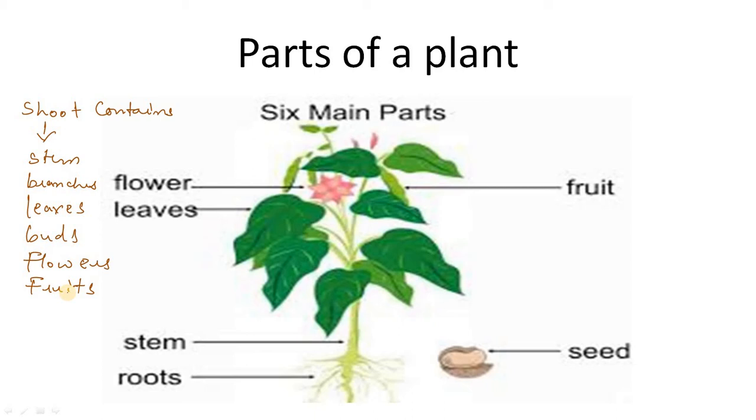So what is shoot of the plant? Shoot of the plant is a part of the plant that grows above the ground. Fine. So this is about shoot.